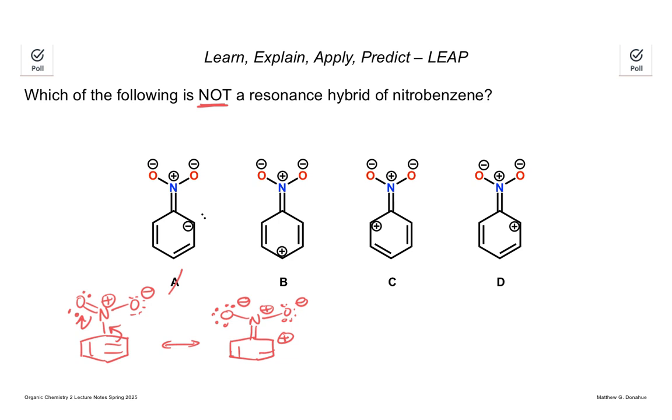Remember a couple minutes ago for electron donating groups, it was minus. If the benzene ring is supplying electrons, a plus charge means there's no electrons, so it can't react at that position. We'll see that plus charge moves around the ring in the same fashion.